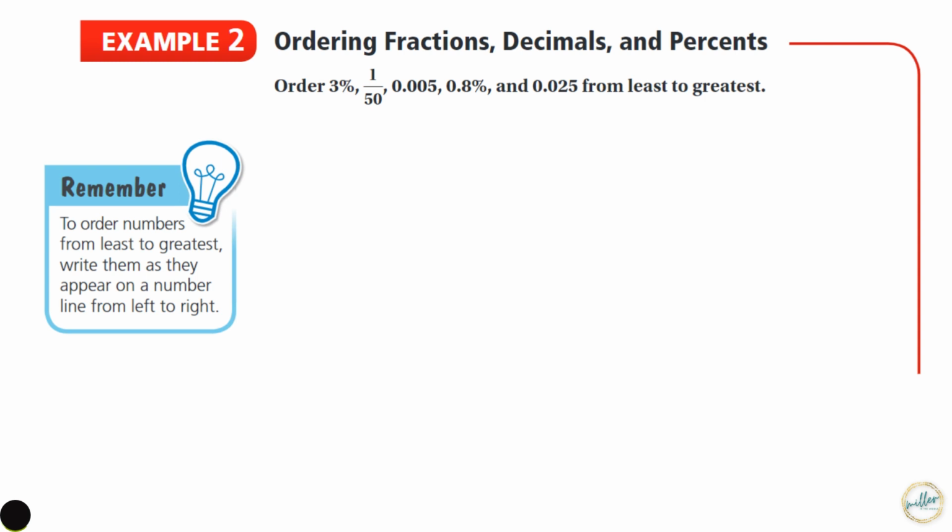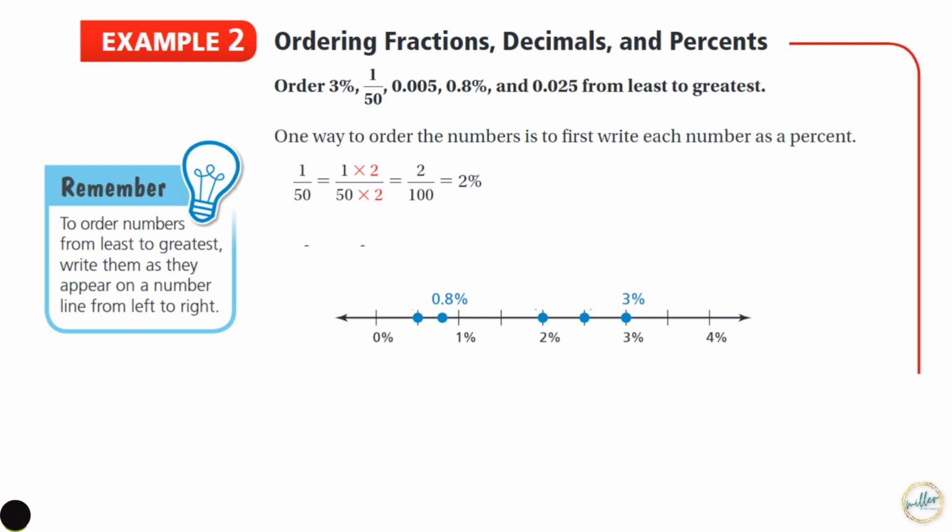Let's change all of these to percents in order to make it easier to compare. 3% is already a percent, so we'll put that on the number line. 1/50th, we can change both numbers and make it 2 hundredths, which is 2%. 5/1000ths, let's move the decimal place over 2 places to the right to make it a percent, which is 5/10 of a percent, a very small amount.